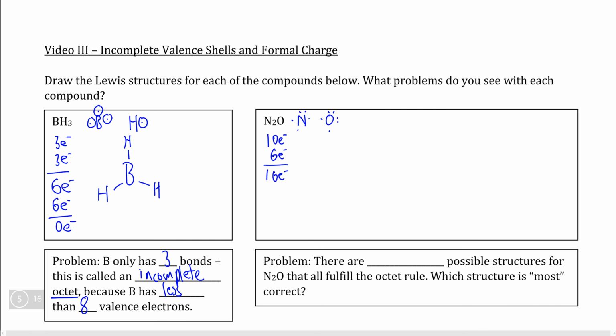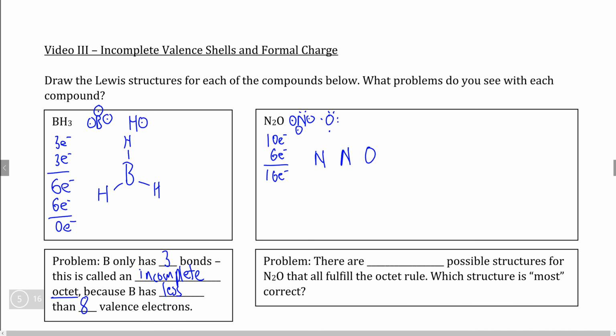The mistake that many students make is putting oxygen as the central atom because there's only one oxygen, and the tendency is to make all of our structures symmetrical, but that would actually be wrong because nitrogen has 3 unpaired electrons, whereas oxygen only has 2, which means that we would put 1 nitrogen in the center, 1 nitrogen off to one side, and oxygen on the other side like so.